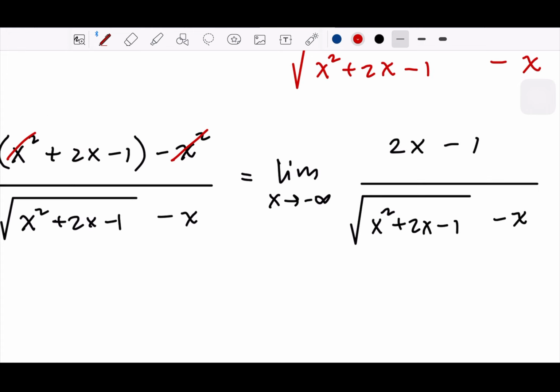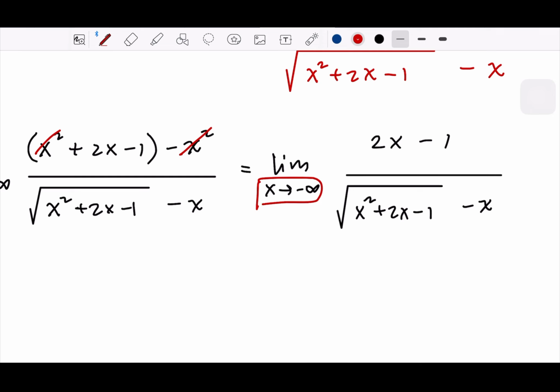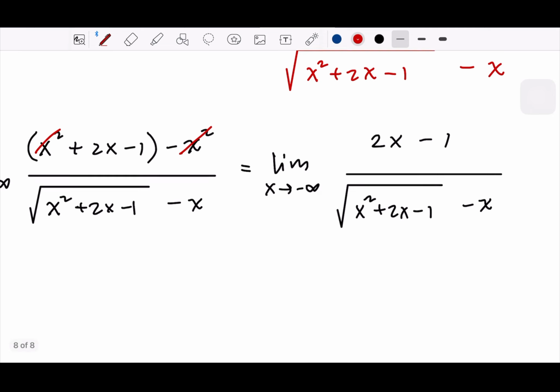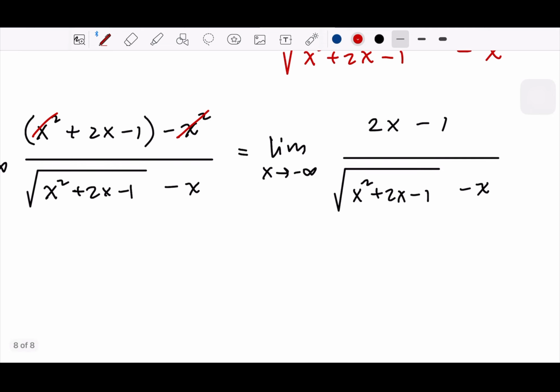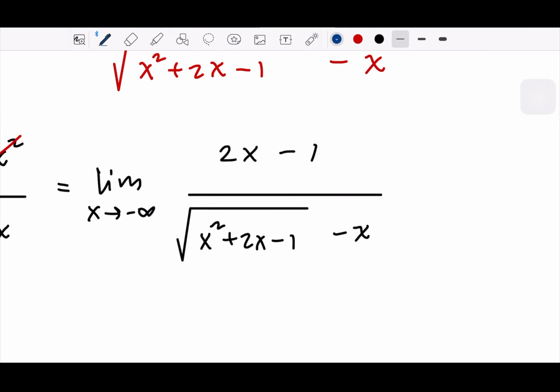Now remember, x is going to the left, which means it's going to be on the negative side, right? So when x is on the negative side, when we have the square root of x squared, this will become negative x, okay?